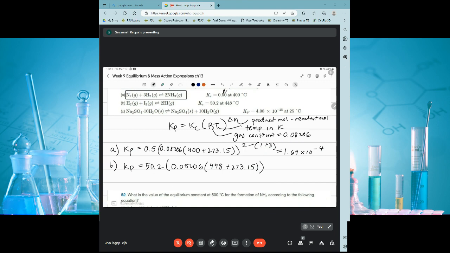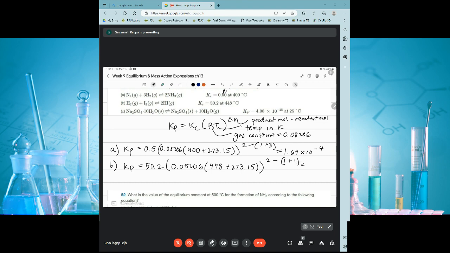And now we have to figure out the difference in moles. So for the product we have the 2 HI. So we will have a 2 minus the addition of the reactants. And so we will have the 1 plus 1, because we have 1 H2 and we have 1 I2. So we have 1 plus 1.